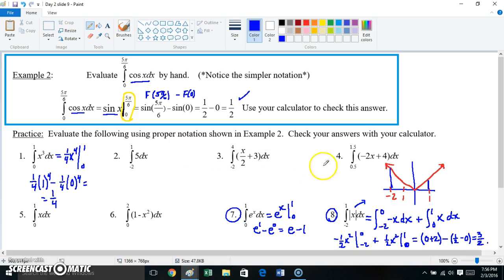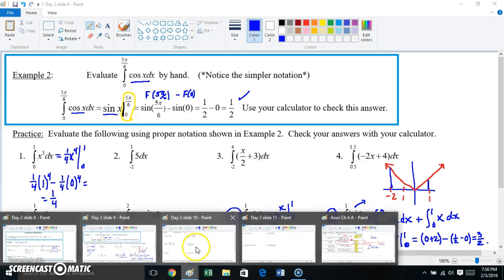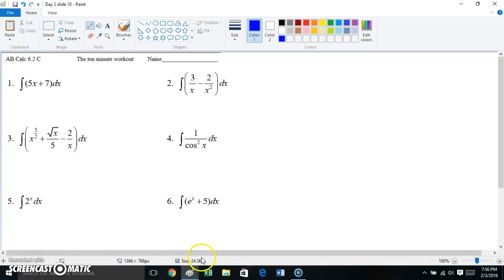I'm going to let you do these other problems that I have not looked at. Let's take a look at a few problems on this 10-minute workout. These look to be all simple antiderivatives, indefinite integrals, so no evaluation is going to take place.